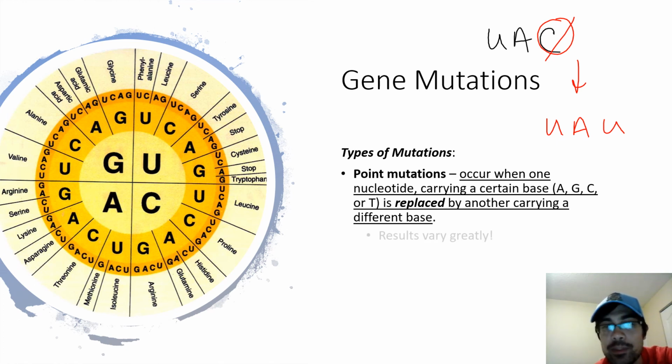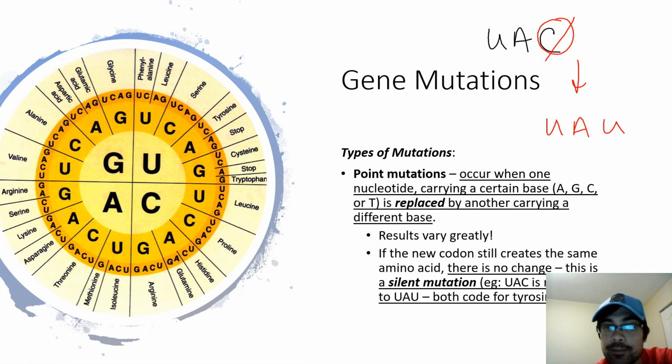One base pair is replaced by another, and the results could actually be quite different depending on what it's changed to. Okay, so the first type of point mutation that we'll look at is called a silent mutation. For UAC to UAU, if you look at our codon chart, remember they code for a certain amino acid.